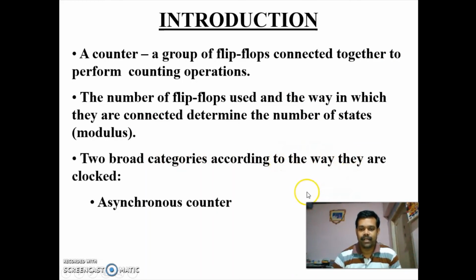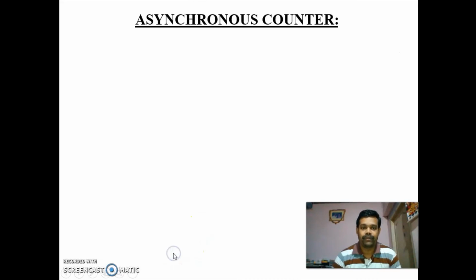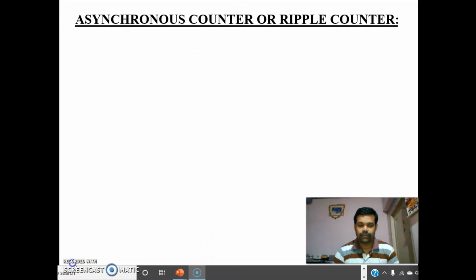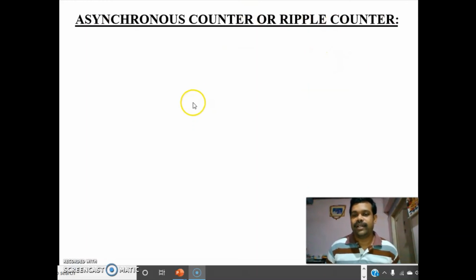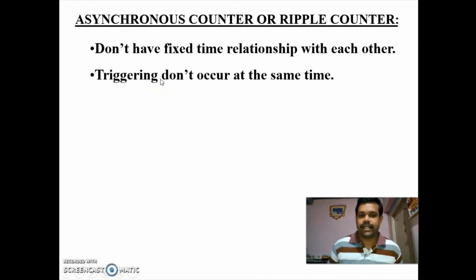There are two broad categories of counters. One is the asynchronous counter, also called the ripple counter, and the second one is the synchronous counter. In an asynchronous counter, the flip-flops do not have a fixed time relationship with each other.